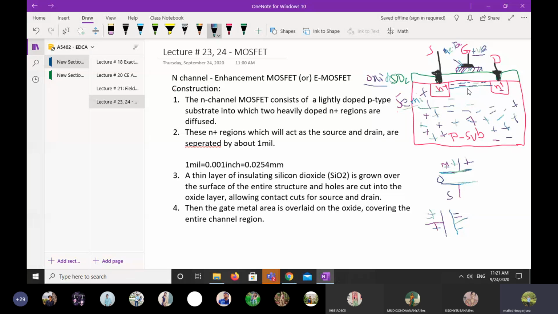So we have to create a manual channel, so then only the electrons from the source can travel to the drain. That you have to do extra, and the remaining part is everything the same as what you studied in the JFET.